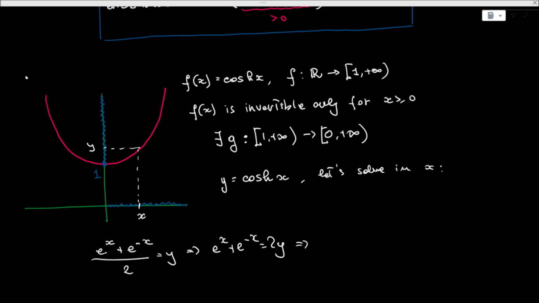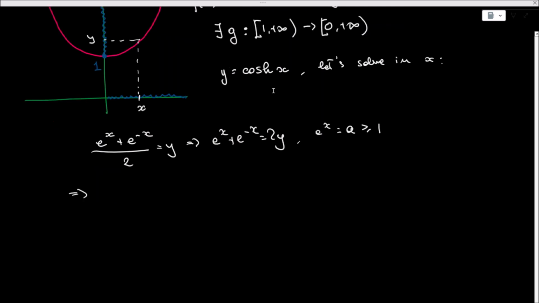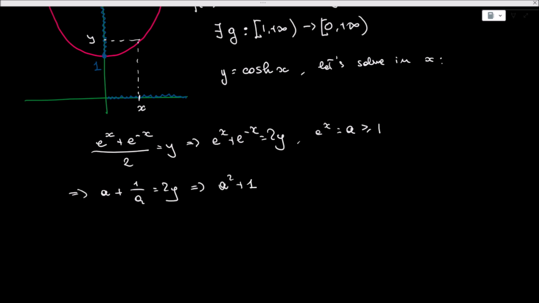And again, setting e to the x equal to a, but now we know that a is larger than or equal to 1, we can rewrite the equation as a plus 1 over a equal to 2y, and multiplied by a we get a squared plus 1 equal to 2ya, and this becomes a squared minus 2ya plus 1 equal to 0.